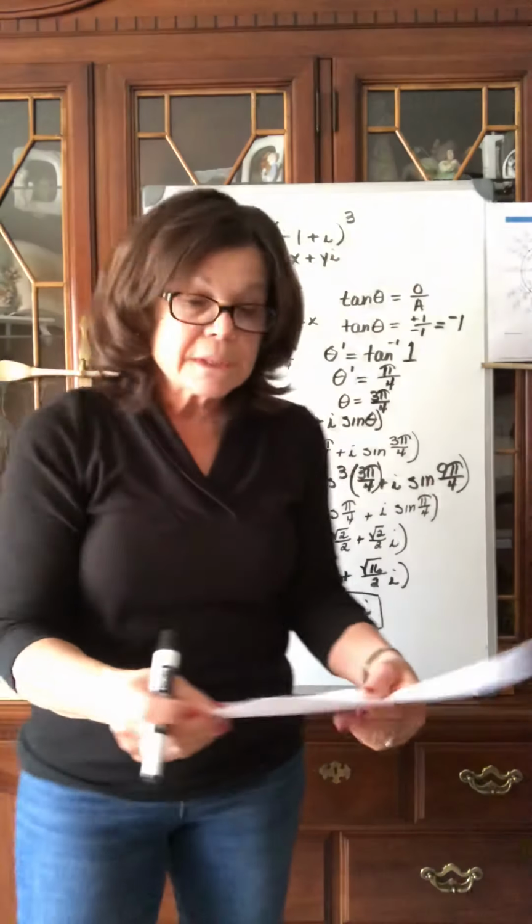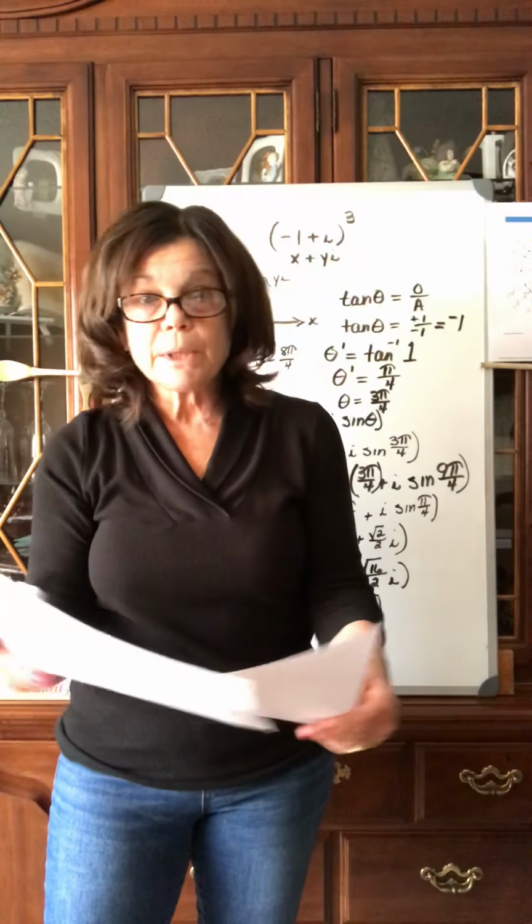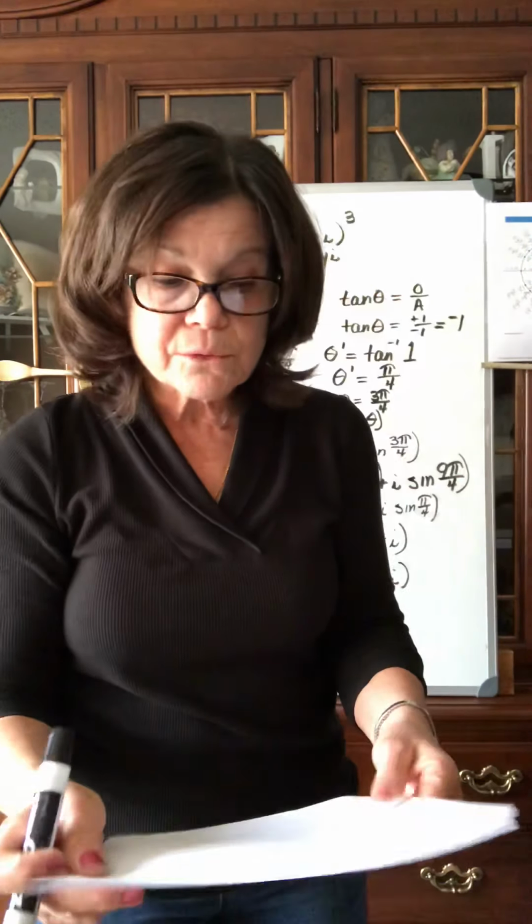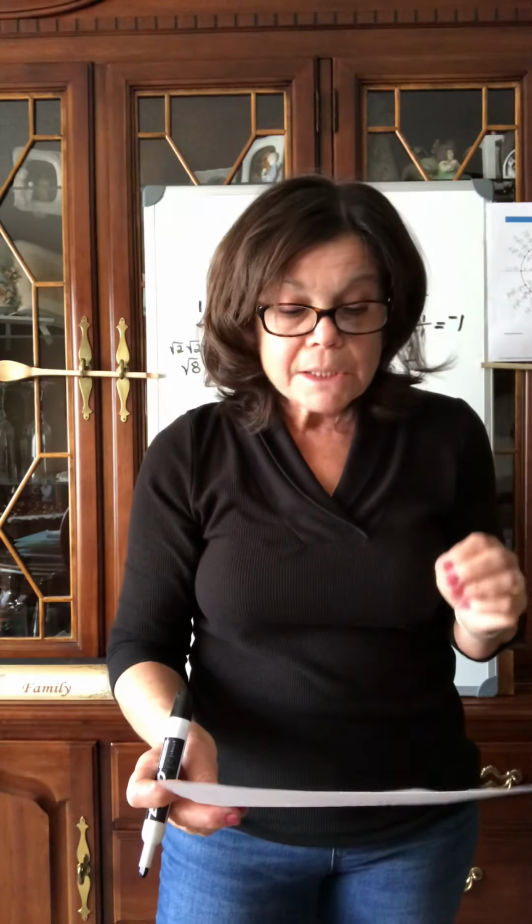I'm not going to run through the last example, but please look at it on my notes from Schoology. I'm just going to talk to you about it for a second. 3 minus 4i, the x value is positive 3, the yi value is a negative 4. This is a 3, 4, 5 right triangle, so r is going to be 5. When you do the tangent function, you're going to get tangent is 4/3.